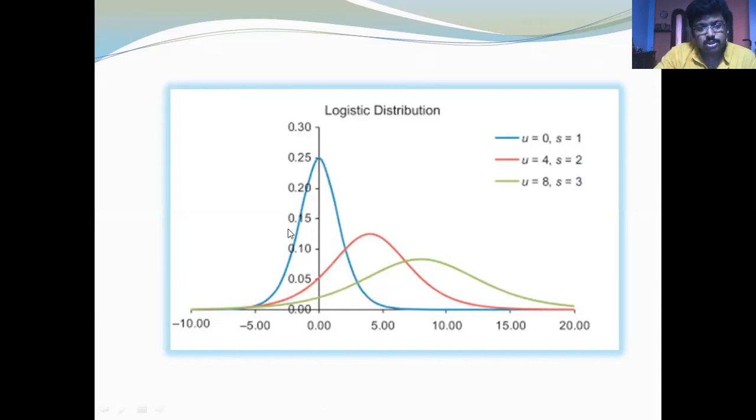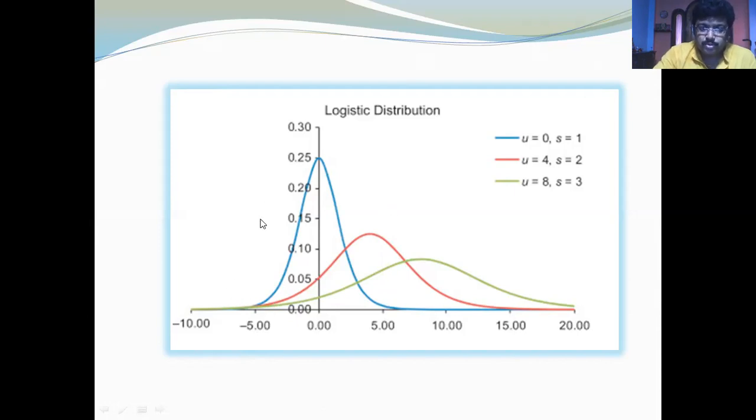When mean is 4 and standard deviation is 2, then this red line will be the logistic distribution curve. When mean is 8, with scale parameter equal to 3, then this green line is the logistic distribution curve.